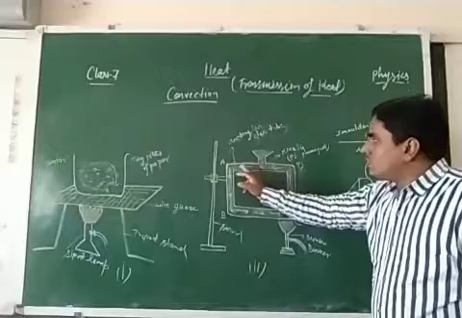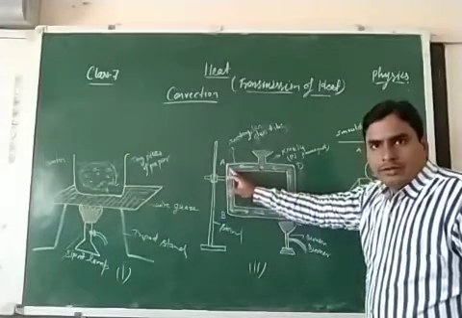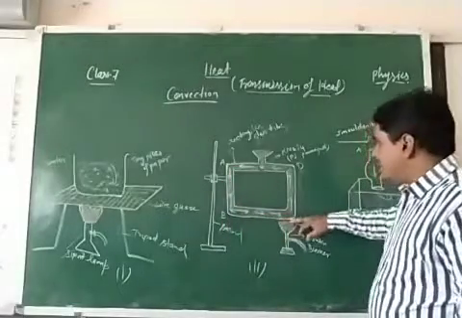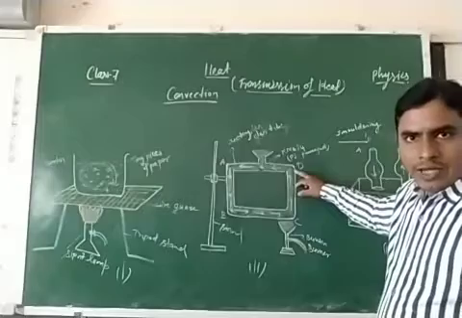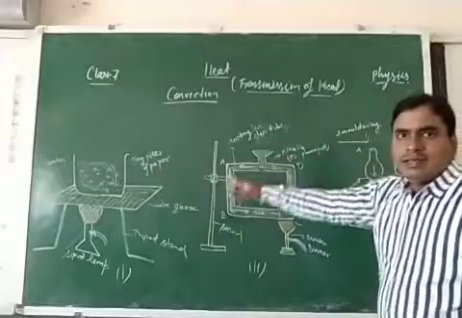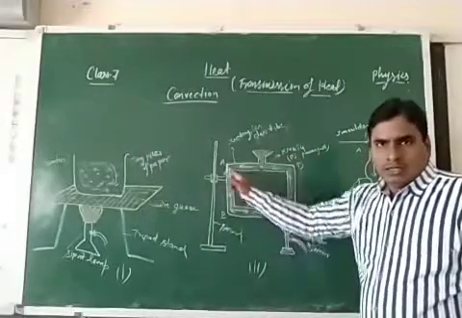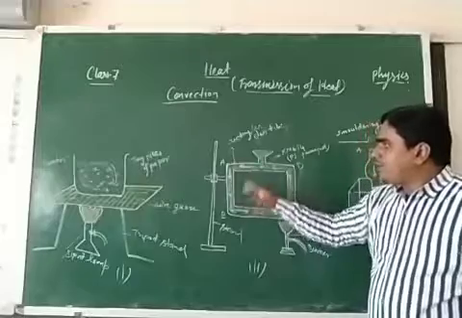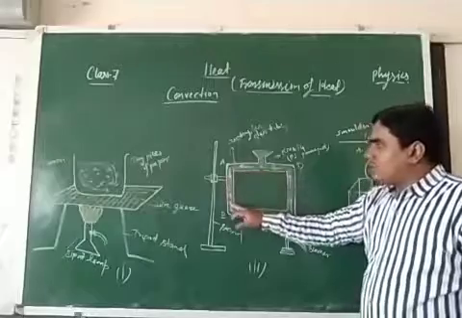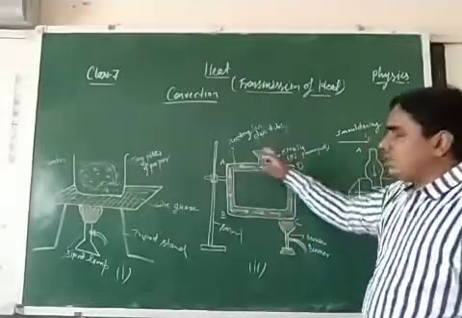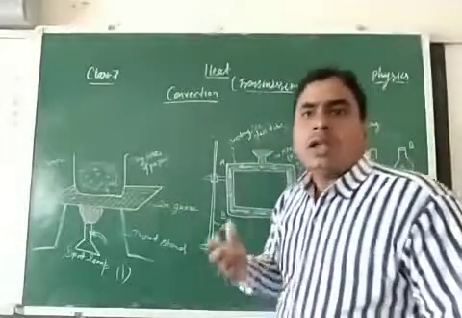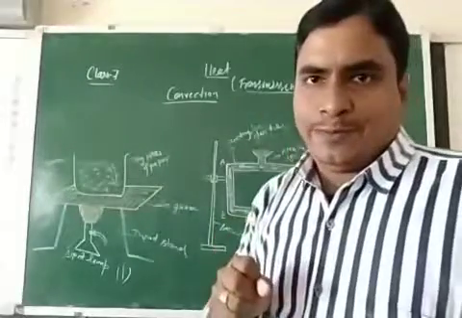So the molecules go from A to B, B to C and C to D, and then again reach the other positions. In this way, this circular motion continues. The molecules of the potassium permanganate continuously move from A to B, B to C, C to D. So again this represents the convection current, or convection process, of the liquid.